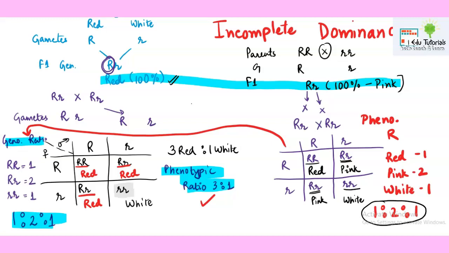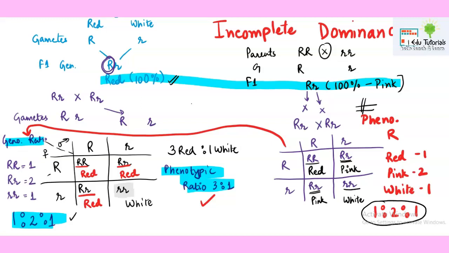So this is important. Another thing, if you notice, in incomplete dominance the phenotypic ratio, 1:2:1, and the genotypic ratio are the same, right? So this is important. This question may come as a 3-marker question or a 2-marker question. So this way you need to show the cross.